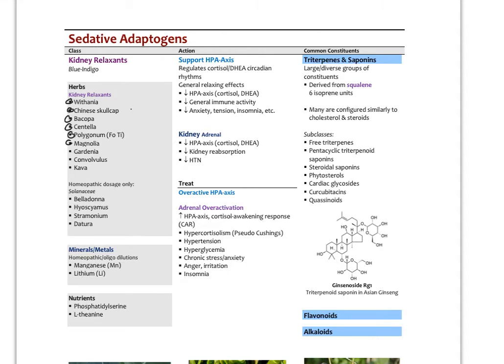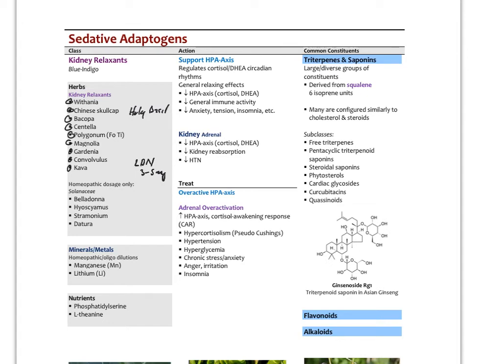Again, we should put holy basil on there as well. Gardenia, convolvulus, kava would all go in this range. I found that low-dose naltrexone probably also works in this range, and that's, again, naltrexone around 3 to 5 milligrams.